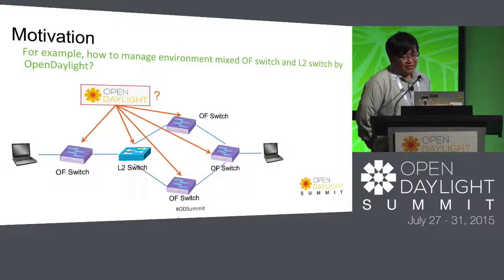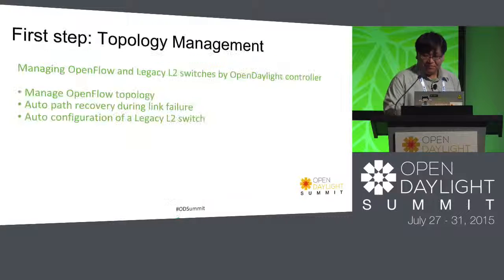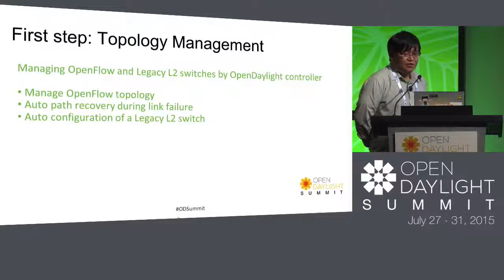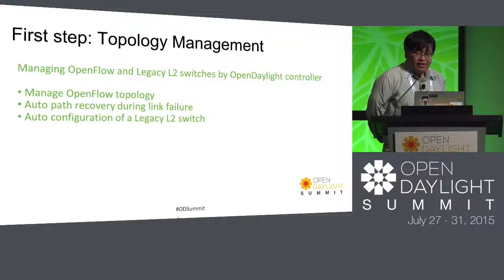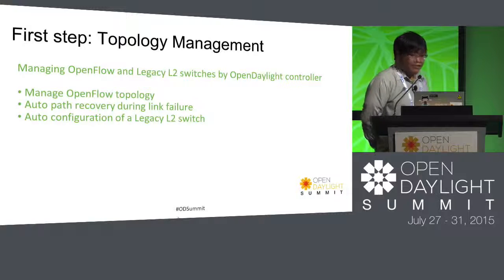I think that most users still use legacy layer 2 switches. Here is my first step to manage the mixed network environment. Can OpenDaylight manage networking in an OpenFlow switch and L2 switch mixed environment? I tested OpenFlow and L2 switches using OpenDaylight.